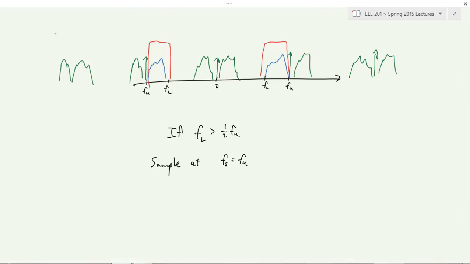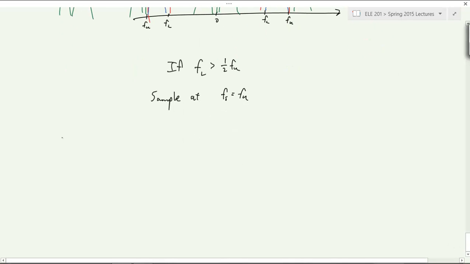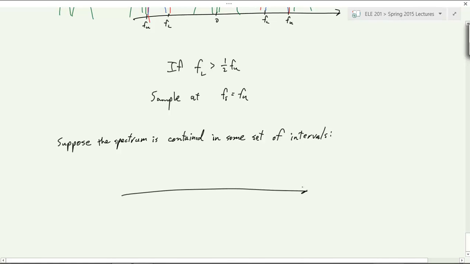Okay, let's suppose that the spectrum lives on certain sets of frequencies. So we have certain frequency ranges where we know the signal does not exist. It doesn't have a non-zero Fourier transform value.